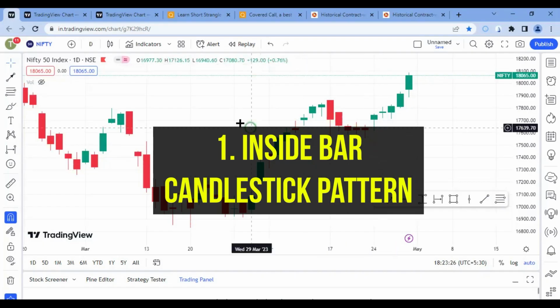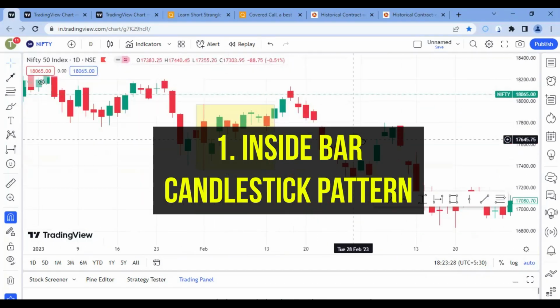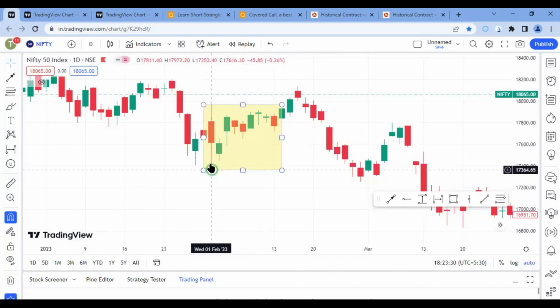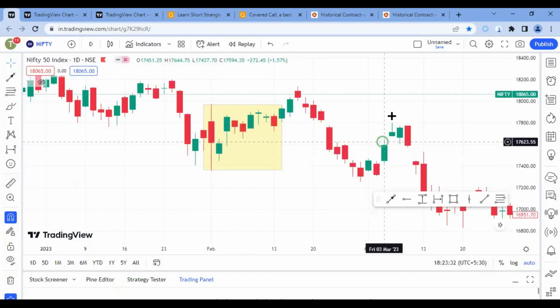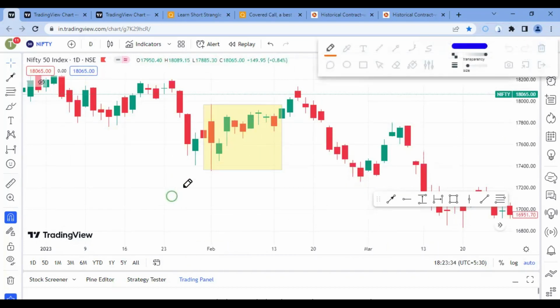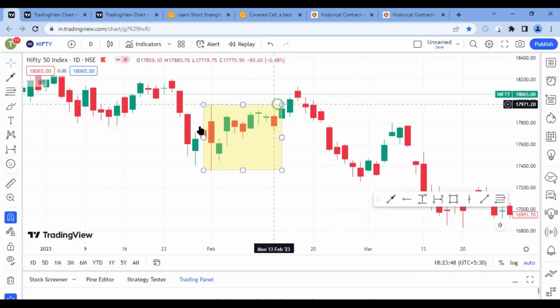This is very common and we see it often. It was formed after the budget announcement. So this was the budget day candle, and then we have these candles within the body of this candle. So this is again an inside bar pattern. We will discuss further in detail how to trade the inside bars, and there are other patterns as well.